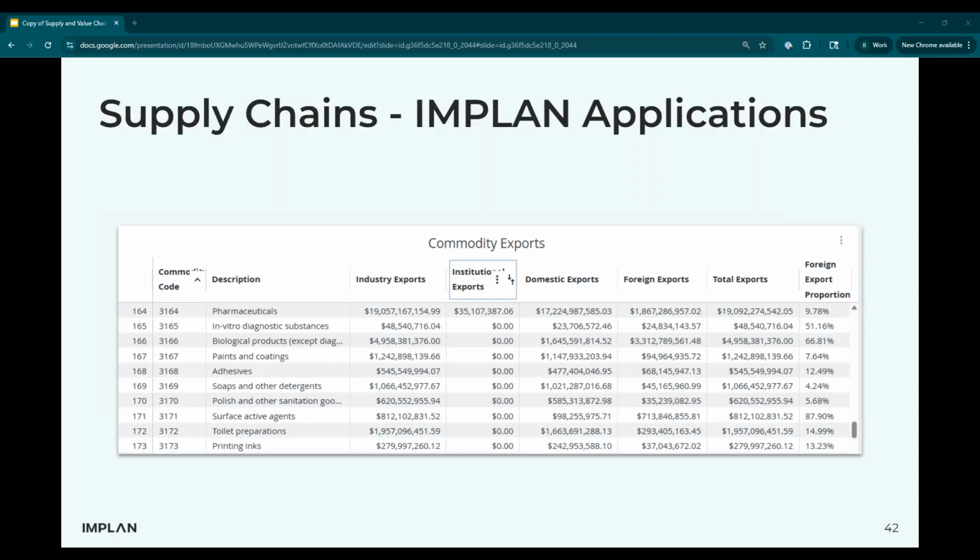We can also see how it affects the global economy, right? So pharmaceuticals, we're looking at about 10% of those are foreign export, right? So this production will be produced in North Carolina. Some of it will be for domestic consumption, some of it will be for foreign consumption.